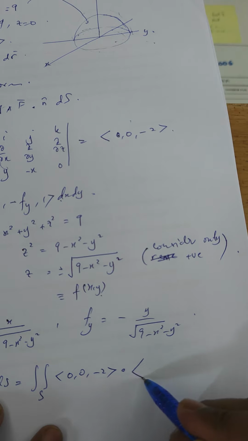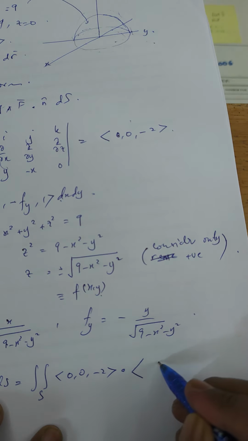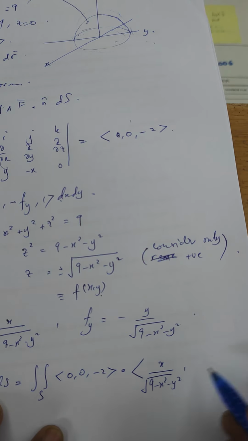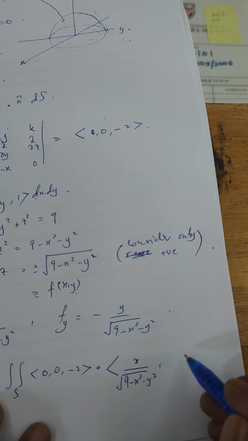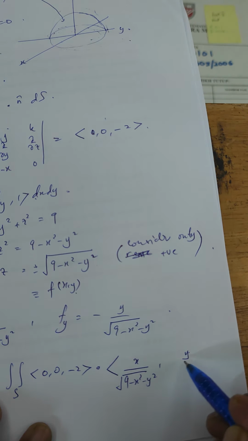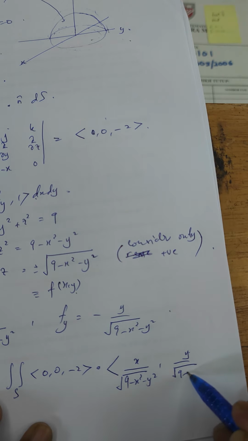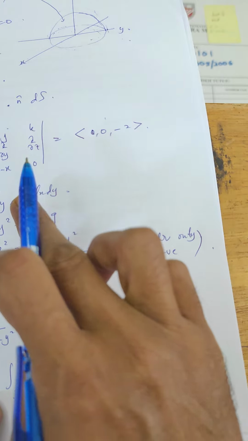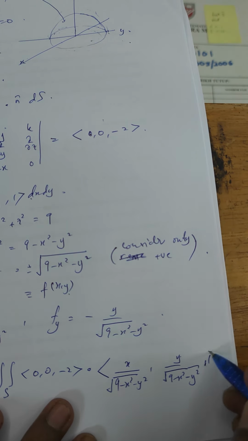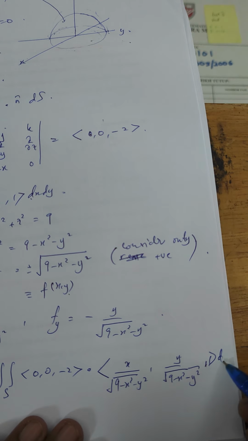We have minus fx, that gives you x over square root of 9 minus x squared minus y squared. For y, minus fy gives you y over the same thing. Then we got 1 there, with dy dx or dx dy.